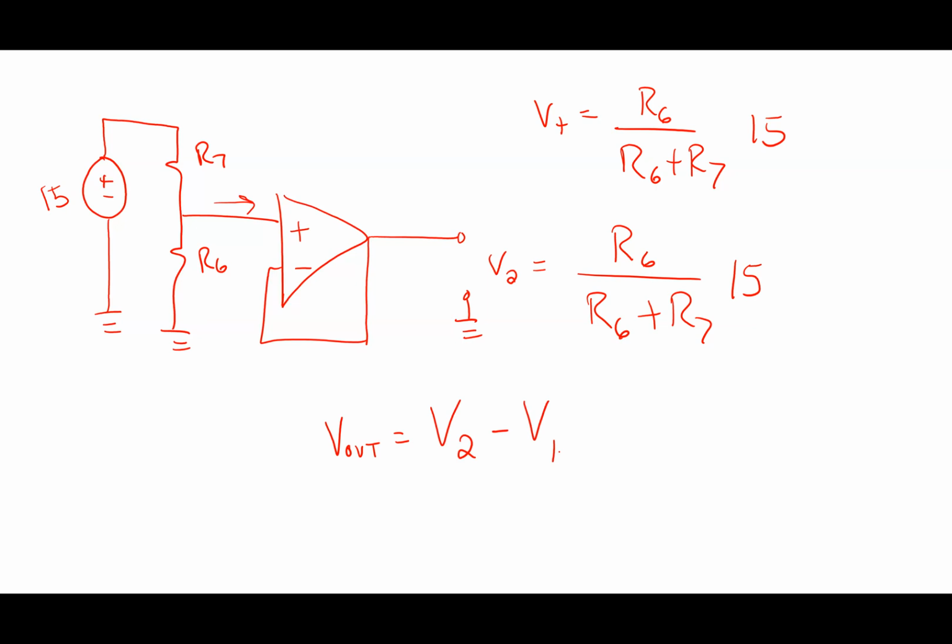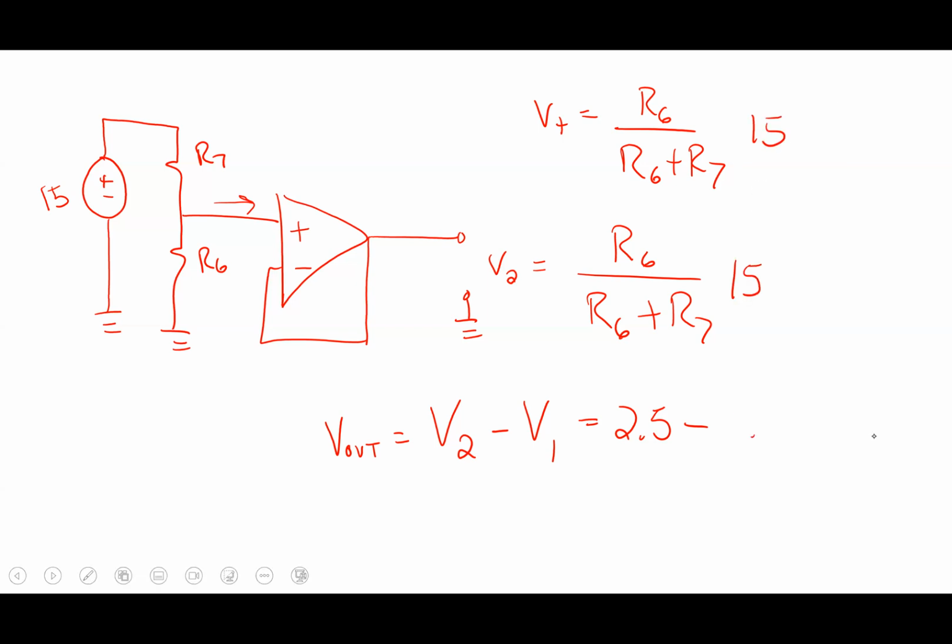What I asked you to do is a design problem where I said, okay, I want V2 there to be 2.5 volts. So you choose the resistor to make that happen. So this basically becomes 2.5 volts minus V1. V1 was 2.5. This is where it gets tricky, right?